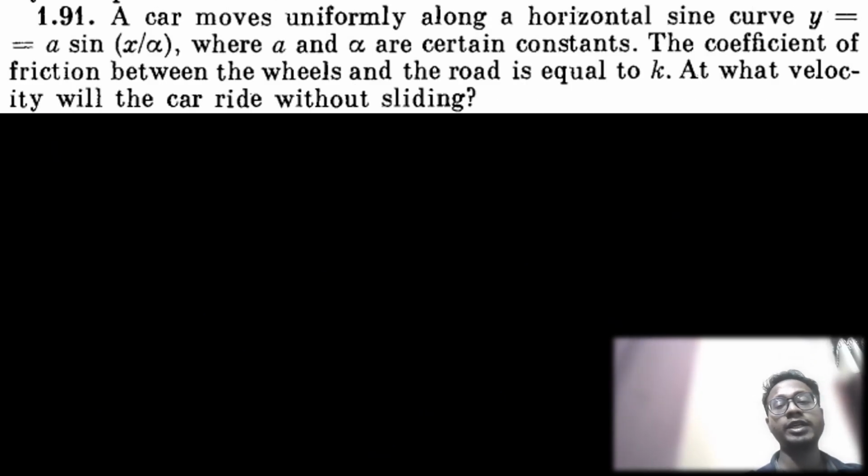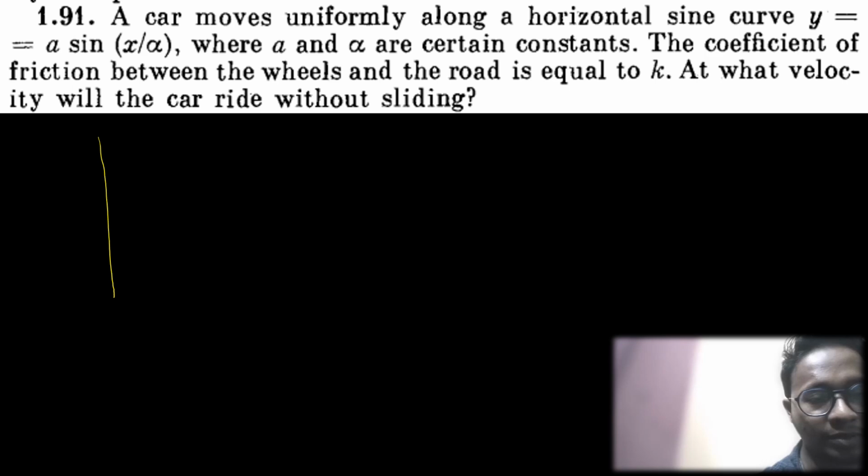Now this question can be solved by two methods. The first method I'll show you right now, and the second method applies a little bit of concept of mathematics. The first method is purely physics. So the question is saying I'm looking from a helicopter onto the ground. On the ground a curved road is made.